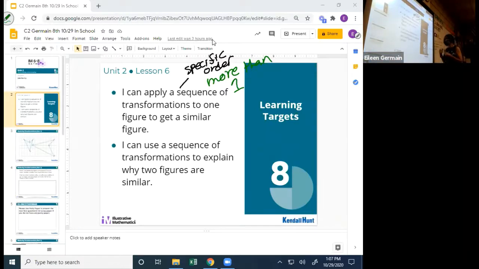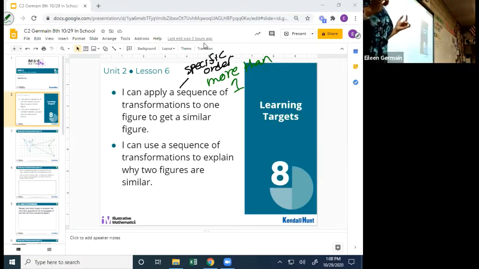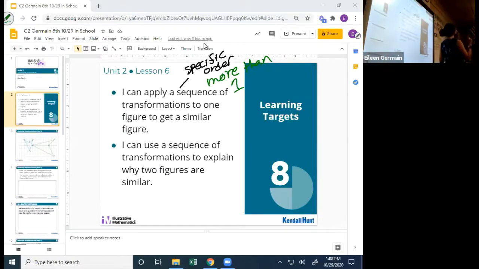Now we're going to be talking about, we're throwing into the mix this term called dilations. If we remember, a dilation takes a shape or a line and it makes it bigger or smaller, right? So now we're going to talk about this term similar when we're talking about throwing dilations into the mix.